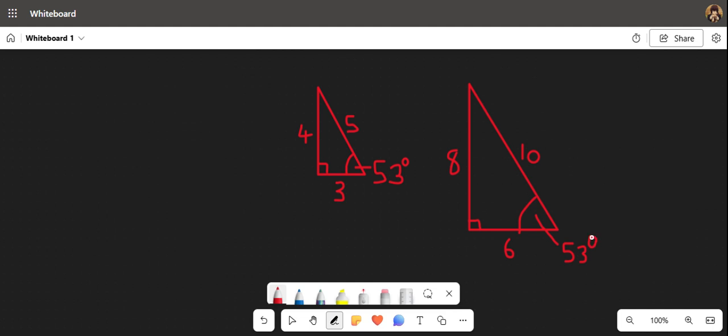Now, let's compare the ratios of the sides. If I look at the side opposite the angle, and the hypotenuse, which is the longest side, the ratio here is 4 to 5.